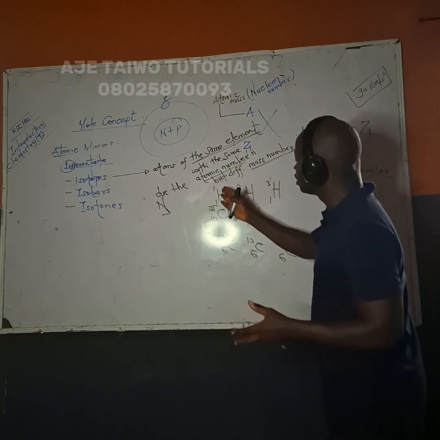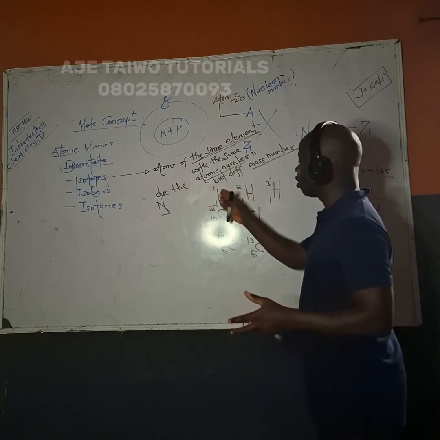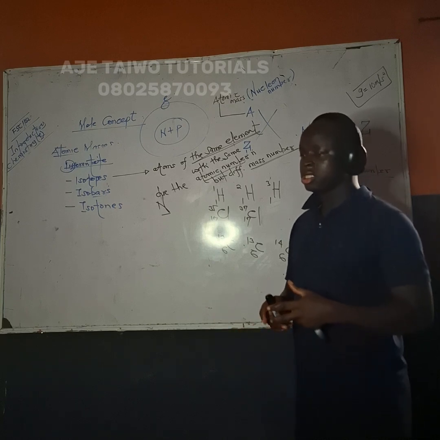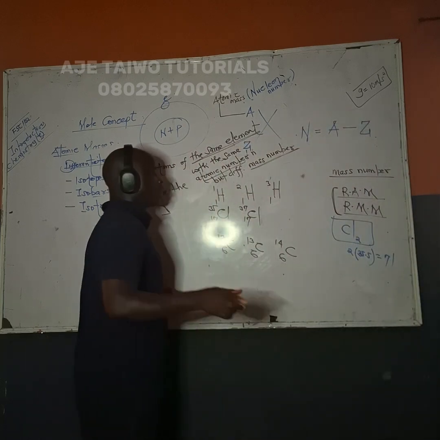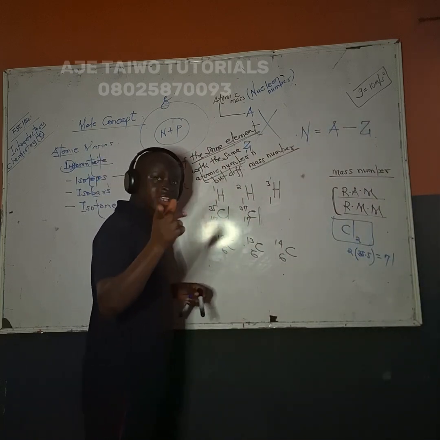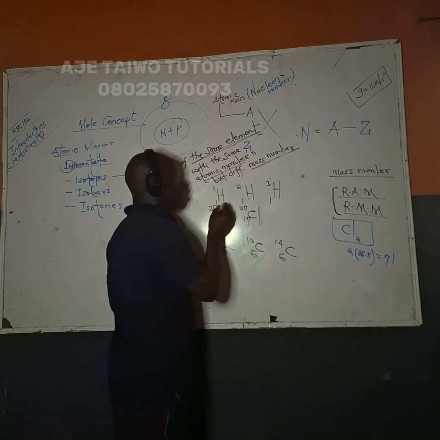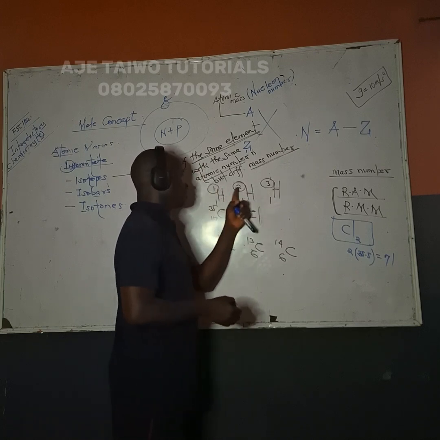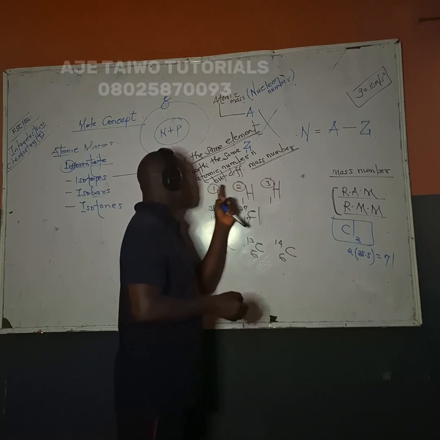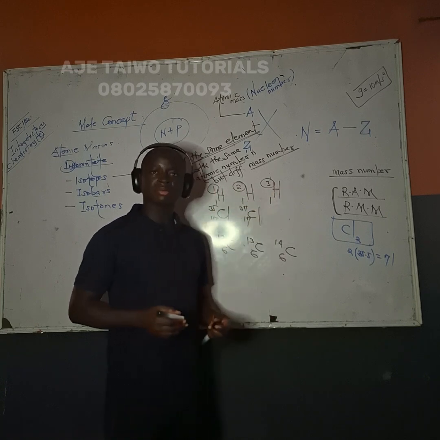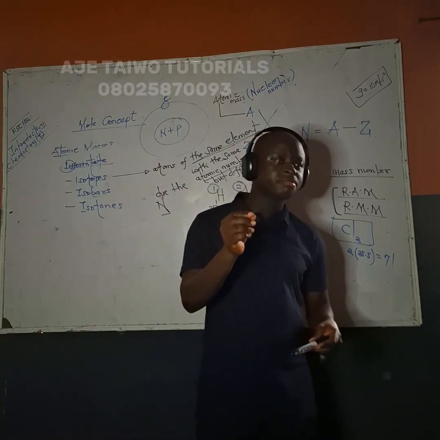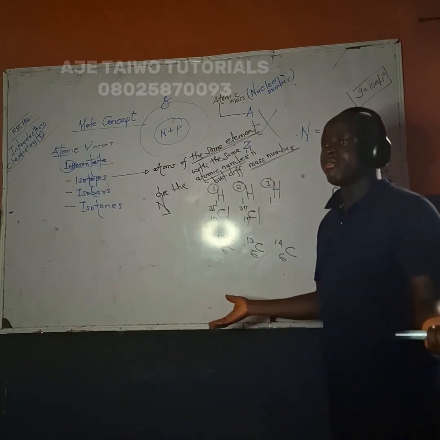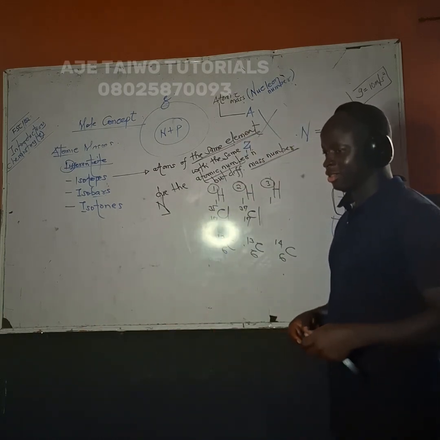Why do we call these isotopes? Because all of them have different neutrons. Look at the board. The only reason why here is 1, here is 2, here is 3, the only reason their masses are different, is because the number of neutrons is different.